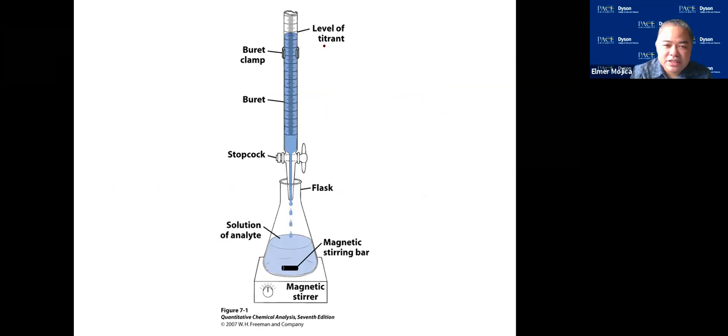You have here the titrant, which can be an acid or a base, and whatever you have here, the other one should be the opposite. If you have an acid as your titrant, your base is your analyte. If you have a base as your titrant, your acid is your analyte. You cannot have an acid here and an acid here, because that's not an acid-base titration.